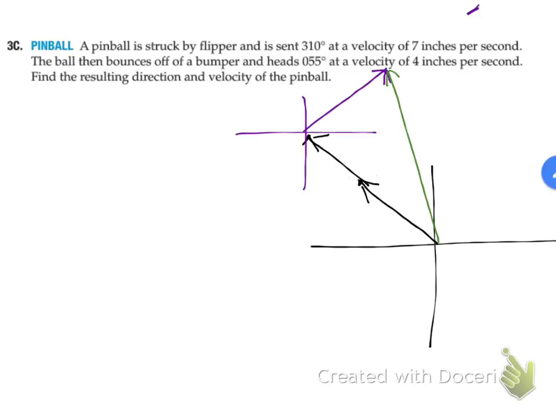What bearing? Not all at once. It's almost a full circle, right? So it should be bigger than 310, but it's going to be less than 360. So, figure it out.